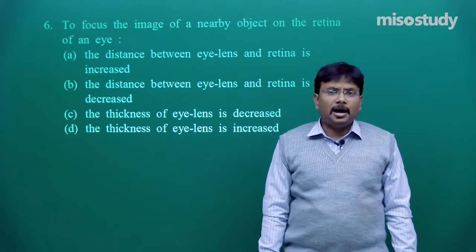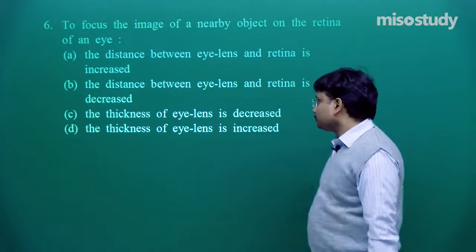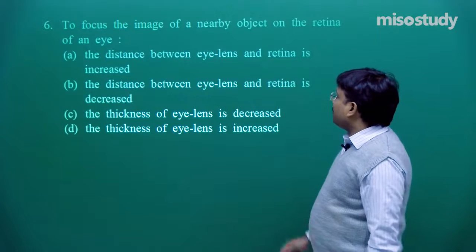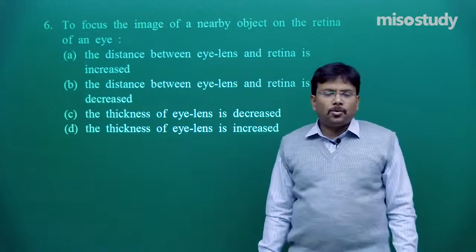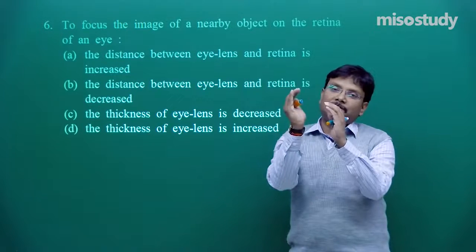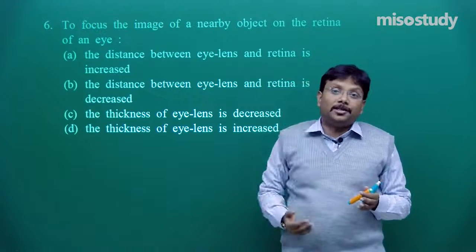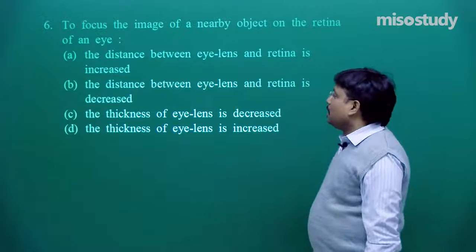Well, the retina to eye lens distance cannot increase. The distance between eye lens and retina is decreased, you cannot do that, because nature gifted a specific distance between retina and lens, and you cannot shift your lens.